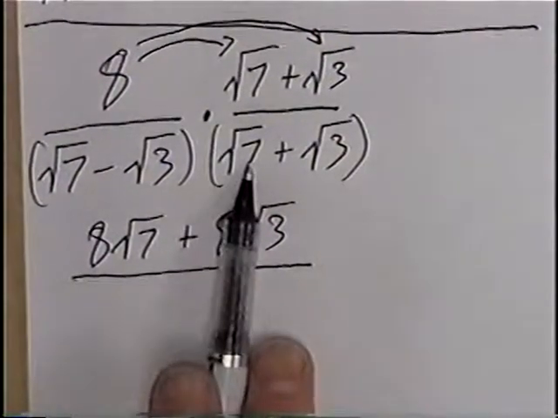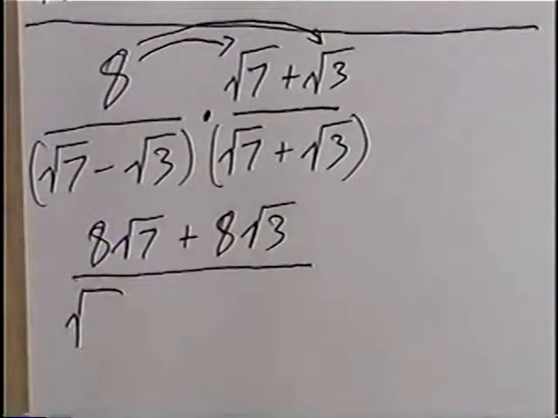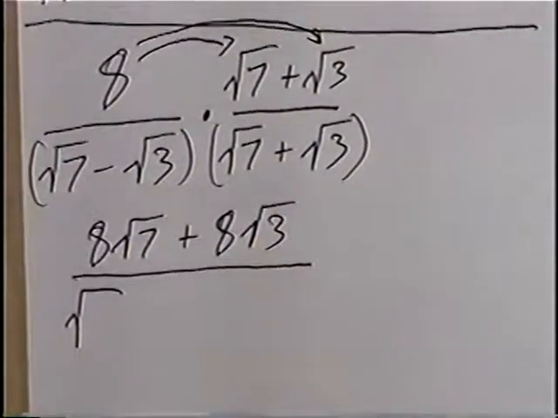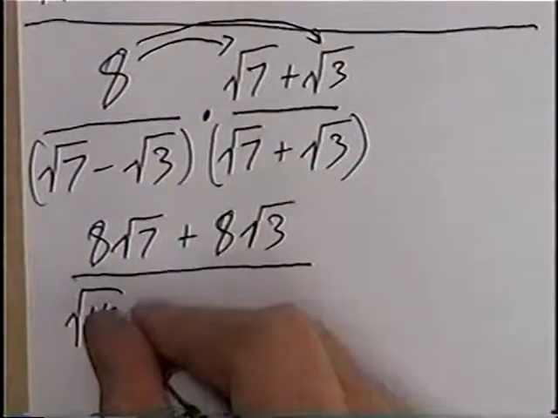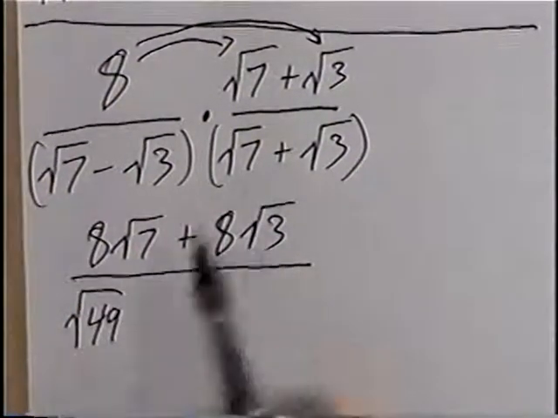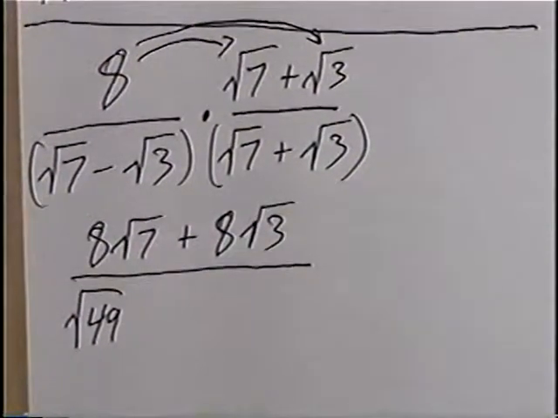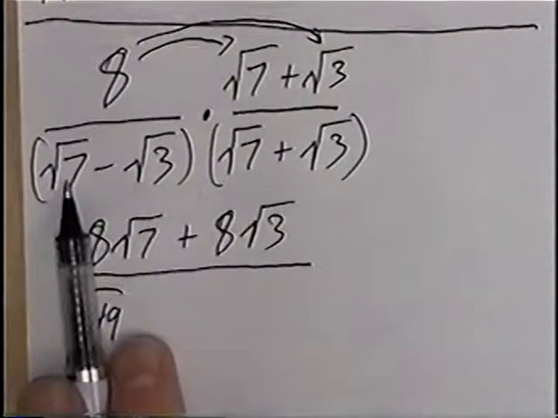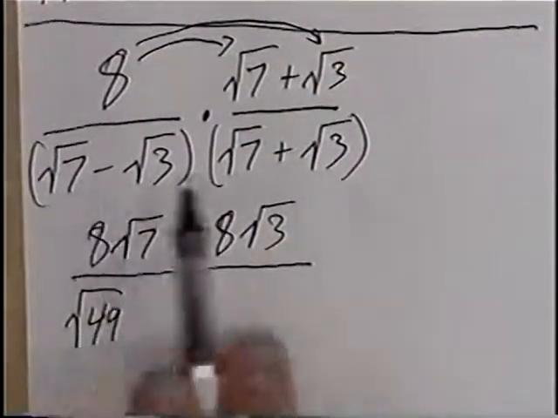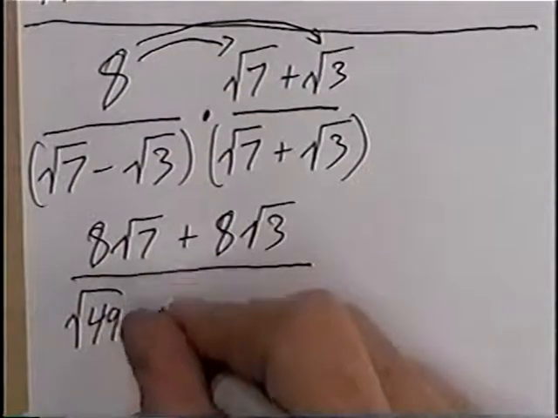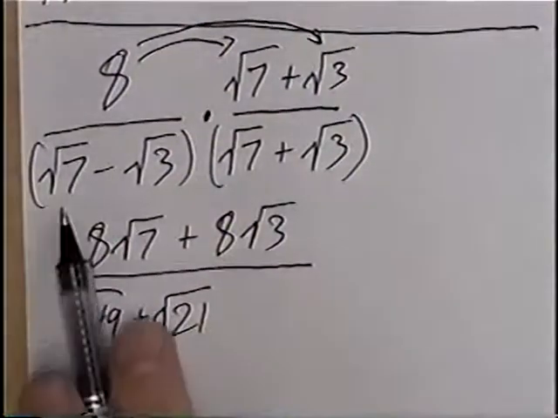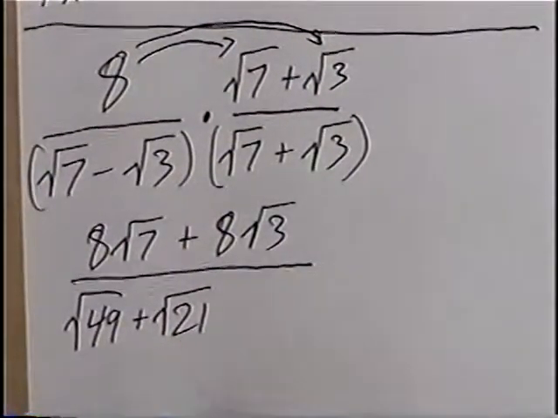Multiplying radical 7 times radical 7. If you multiply two radicals, we can multiply the numbers. 7 times 7 would be 49. So radical 7 times radical 7 is radical 49. Multiplying radical 7 times the outside term, which would be 7 times 3, radical 7 times radical 3 would be radical 21.